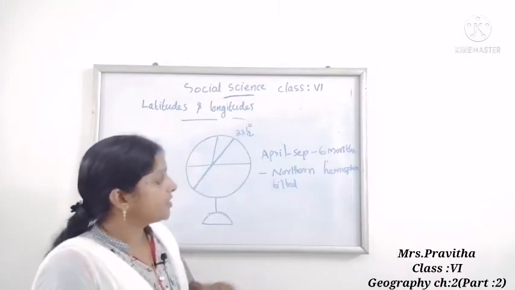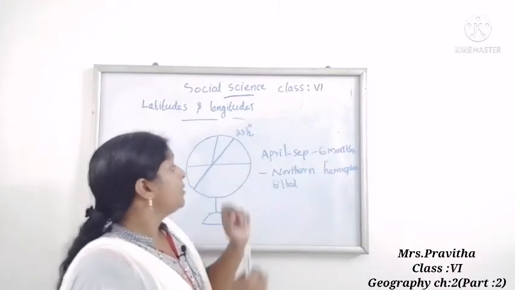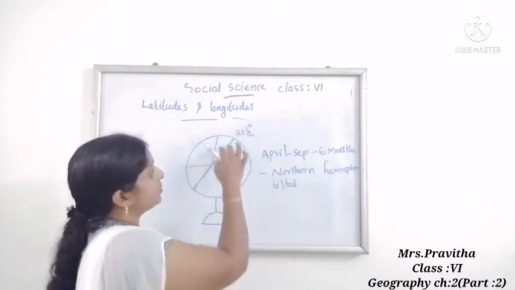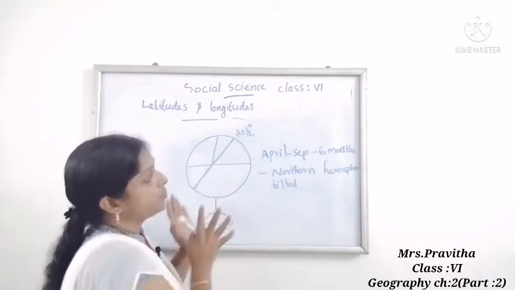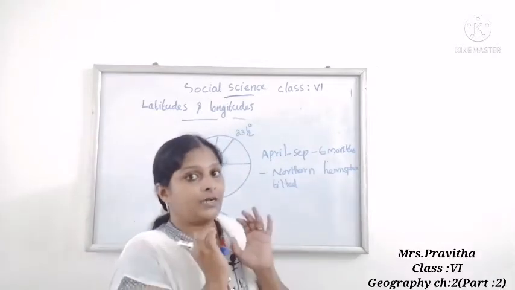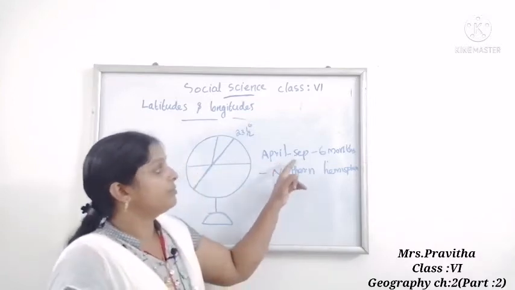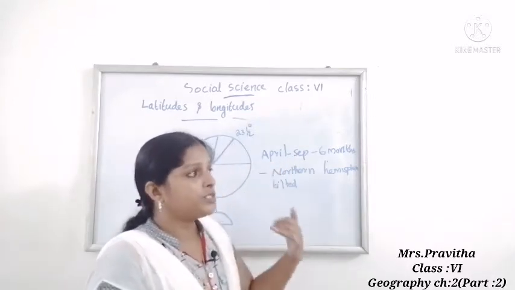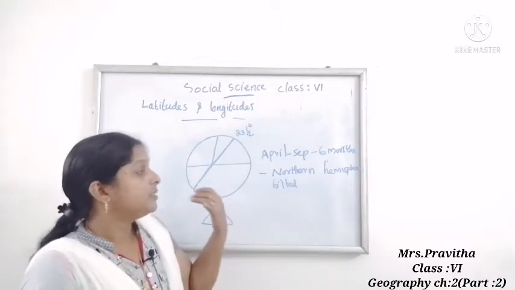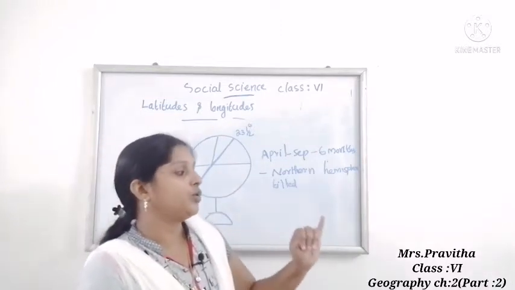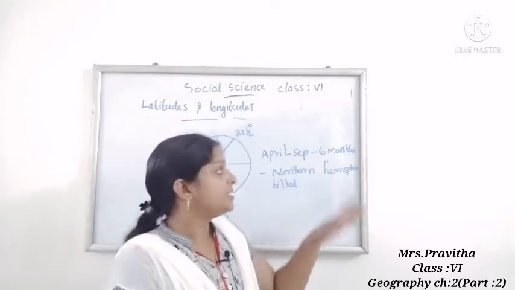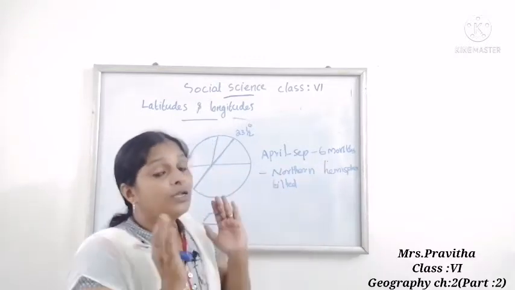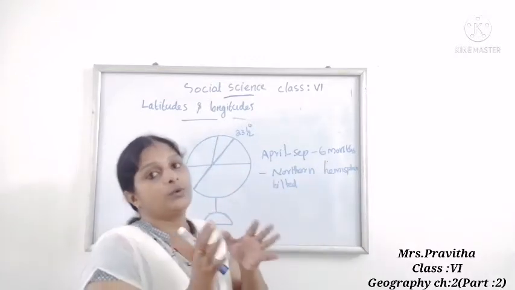Just count the months: April, May, June, July, August, September. Six months the northern hemisphere is tilted towards the sun.